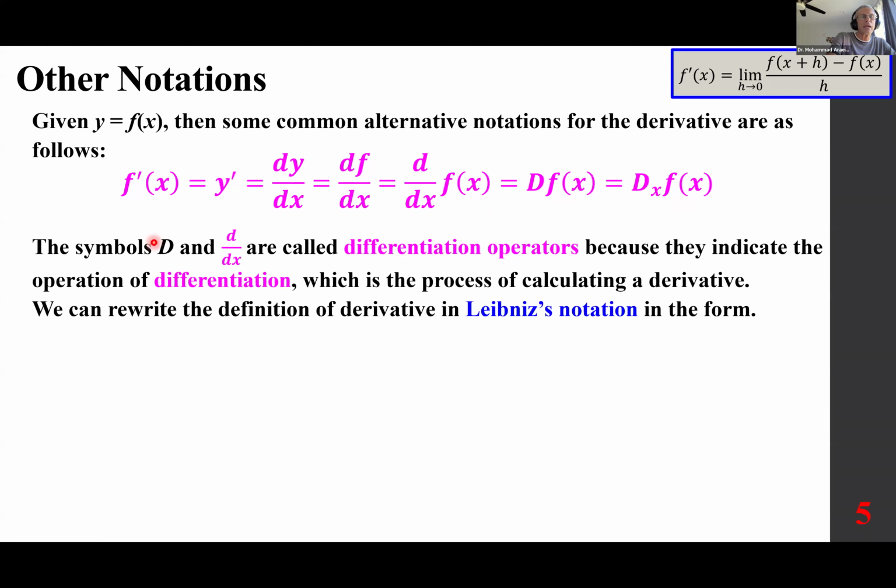The symbols capital D and d dx are called differentiation operators because they indicate the operation of differentiation, which is the process of calculating a derivative. We can rewrite the definition of a derivative in Leibniz's notation in the form dy dx is the limit of delta y over delta x as delta x approaches 0.